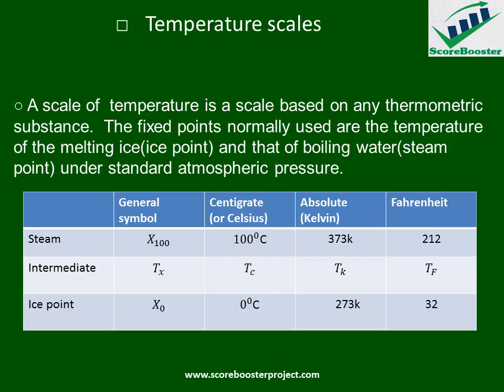Lastly, the ice point is usually represented by x0. While the steam point is 100 degrees Celsius, the ice point represents 0 degrees Celsius. Under absolute Kelvin, the ice point is 273 Kelvin, while under Fahrenheit, the ice point is 32 degrees Fahrenheit.